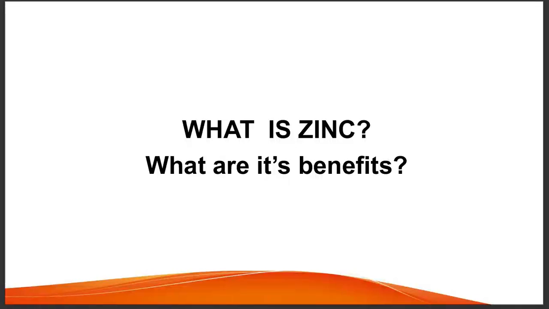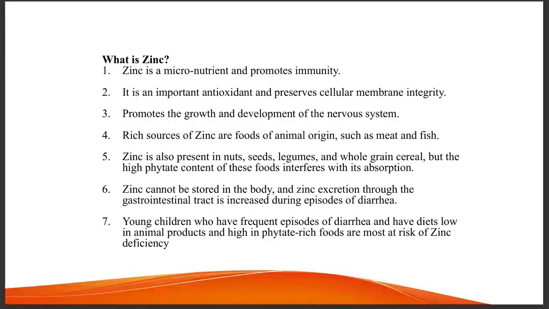And then we talked about zinc also. Zinc is very, very important. Zinc is a micronutrient which promotes immunity. It's an important antioxidant, which preserves cellular membrane integrity. It promotes the growth and development of the nervous system. A rich source of zinc is of animal origin, for example, meat and fish.